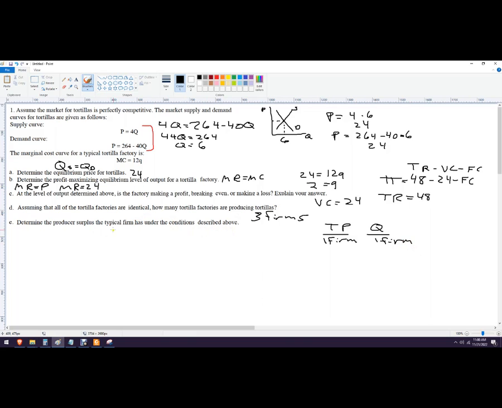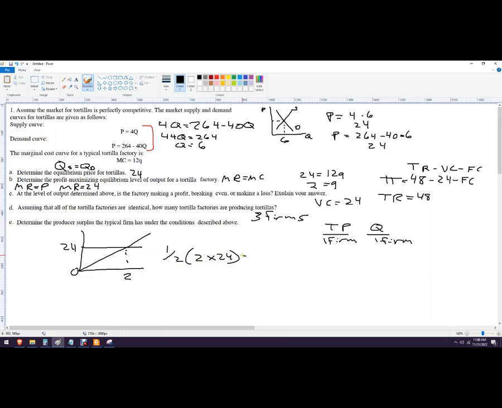Next, determine the producer surplus for the typical firm above. The price is 24, and they're going to produce 2 units. How much are they making on each unit? So this would be 0 at the bottom, and it's just the area of this triangle: 1/2 times the number of units, which is 2, times 24.